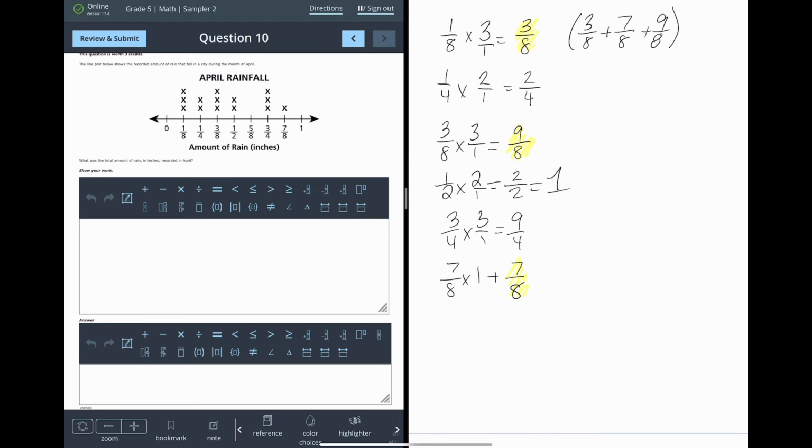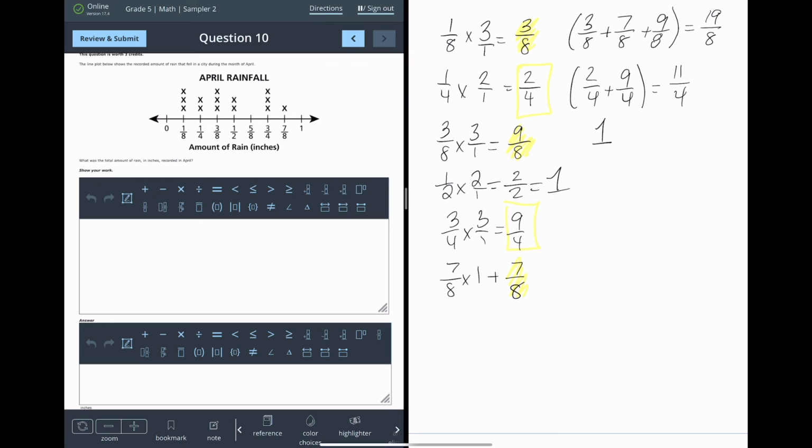And all that together is going to equal 19/8. And then I have 2/4 and 9/4, which is 11/4. And I have just a 1.